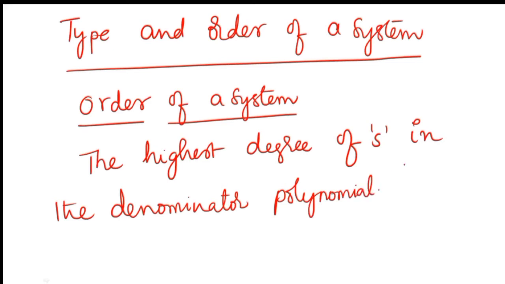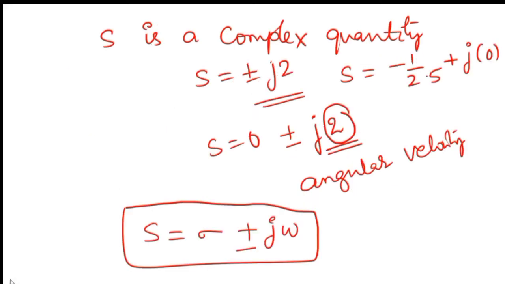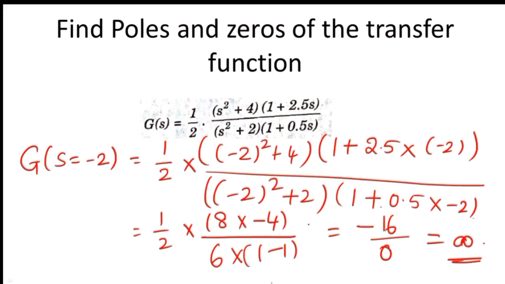For example, look at this transfer function. Here, if you multiply, S square term is there, S term is there.